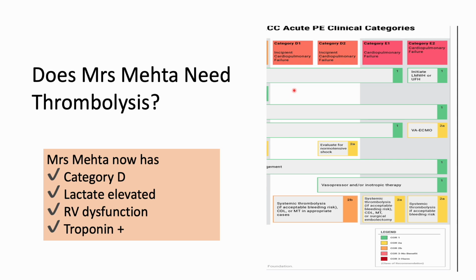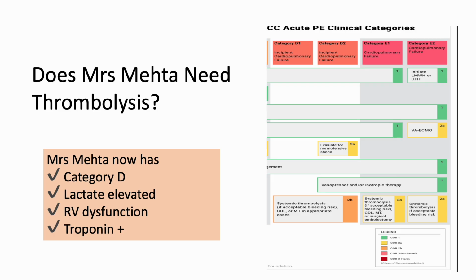Look at category D. You are on LMWH. You have to evaluate for normotensive shock, which is existing in this patient. Now, if needed, vasopressors will be given, but systemic thrombolysis is now a good alternative if acceptable with the bleeding risk. She's in category D, her lactates are high, her cardiac markers are high.